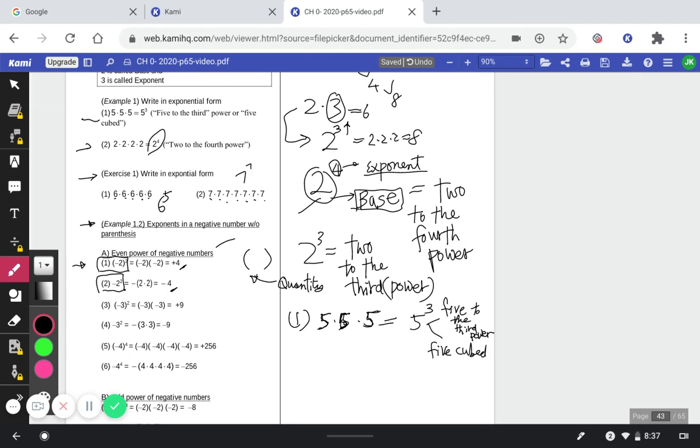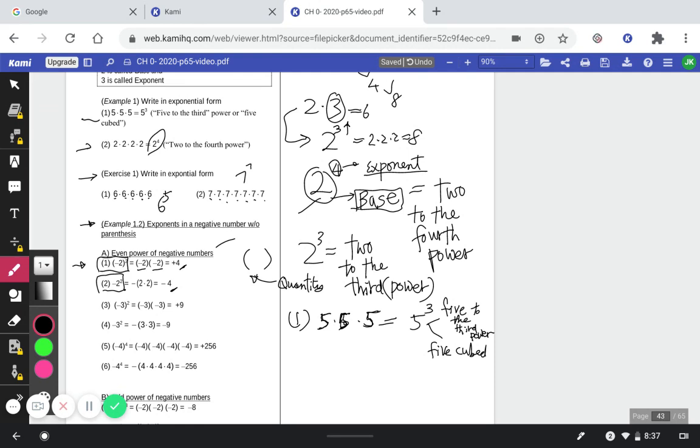So number 1, the way you read it is the quantity of negative 2, squared. That implies everything is inside the parentheses. So when you have (negative 2) to the second power, that power includes whatever is inside the parentheses, which means negative 2 and negative 2.